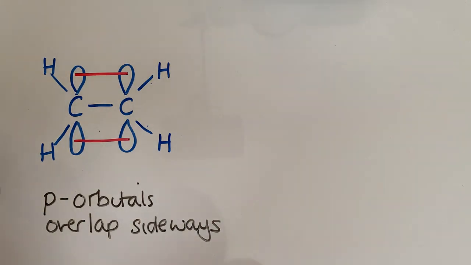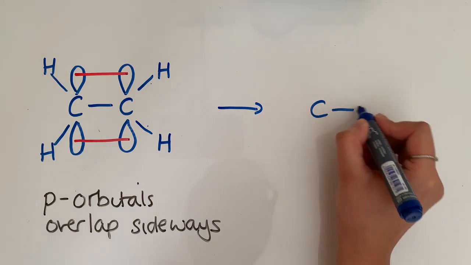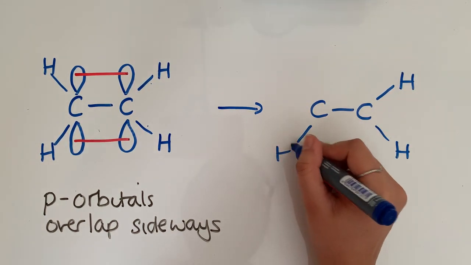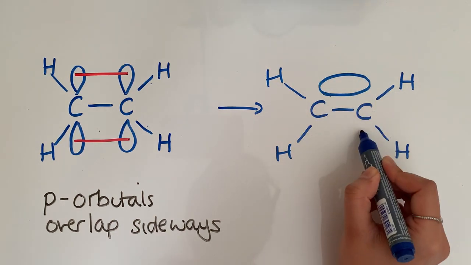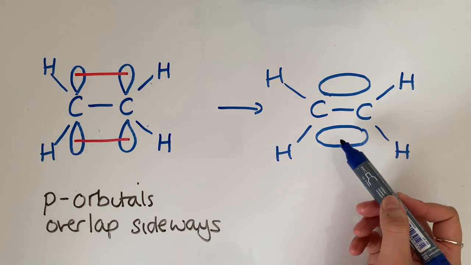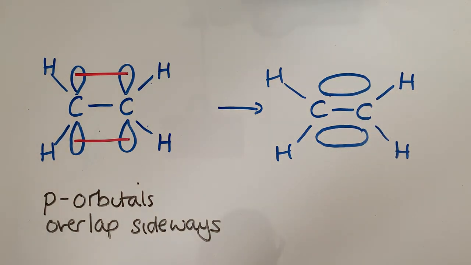And when they overlap, they form this. So this is an area of electron density above and below the plane of the atoms.